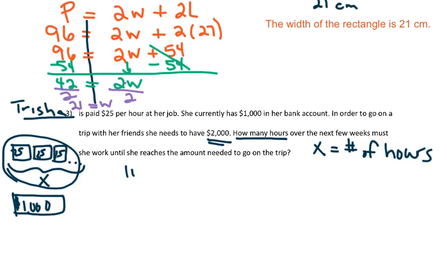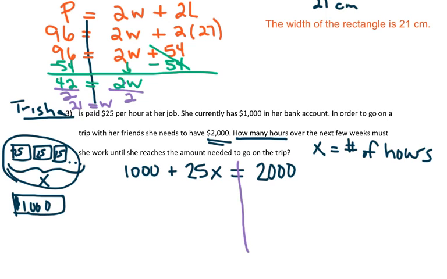So she already has $1,000. She's adding on to that $25 for every hour she works, so that's 25x, and she needs to make a total of $2,000, or she has to have a total of $2,000 to go on the trip. So that's my equation. I'm ready to solve it.